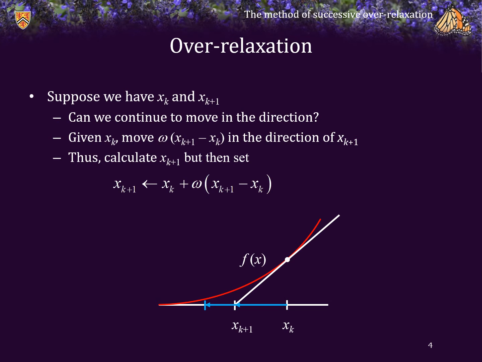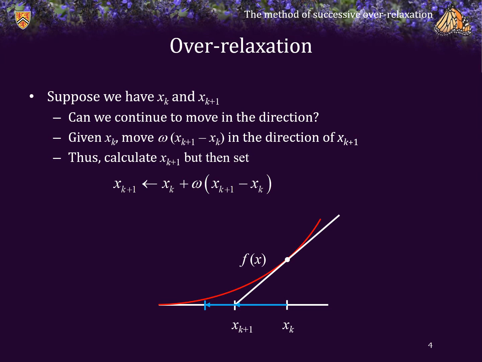Well, we can. What we do is calculate x_{k+1}, but having calculated it, we then set x_{k+1} to be x_k plus omega times that difference. So in the example below, omega would be approximately 1.5.